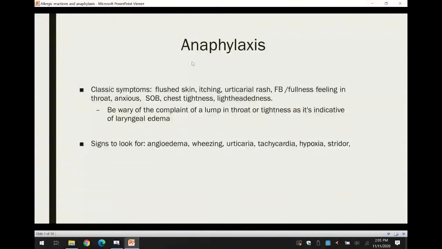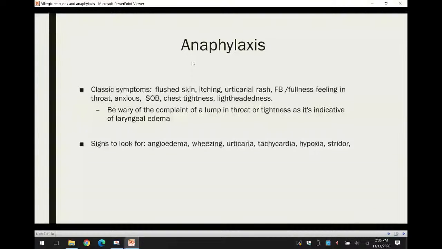So your classic symptoms that a lot of people have are flushing of the skin and an itchy urticarial rash. They have a foreign body or fullness sensation in their throat and subjective difficulty swallowing.